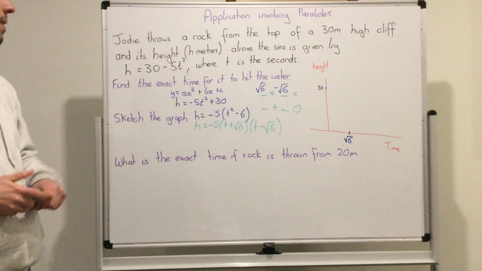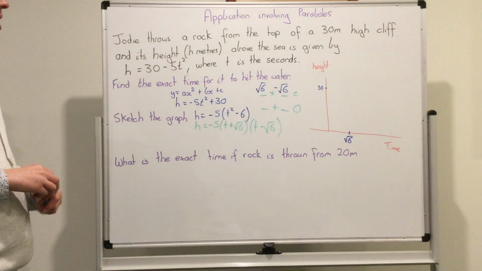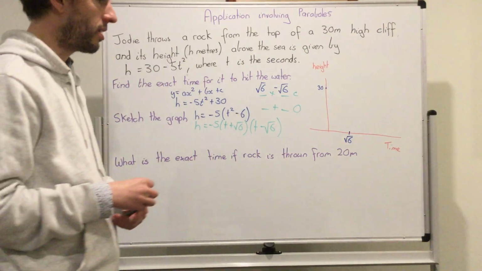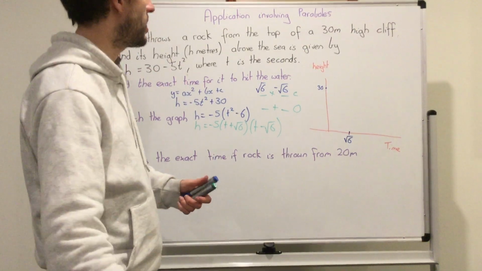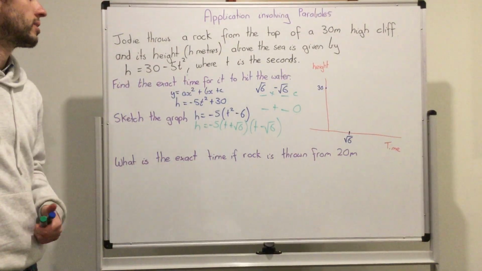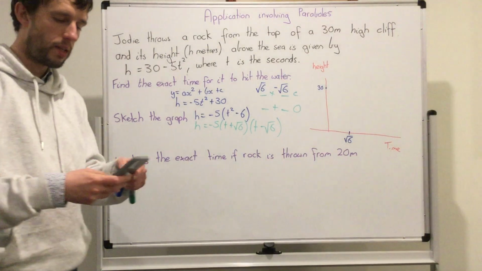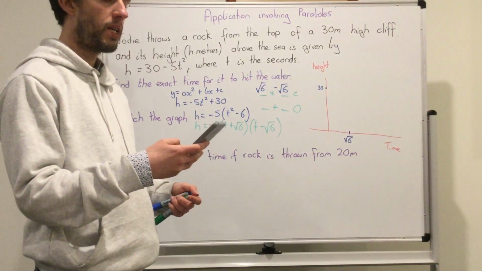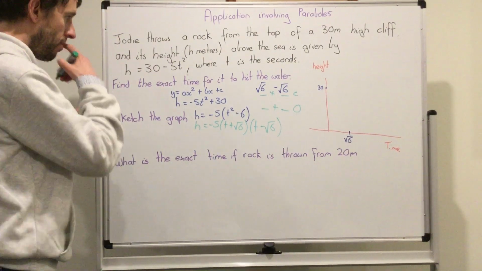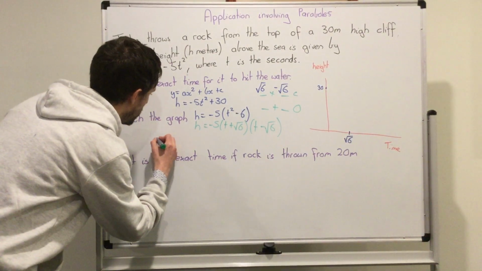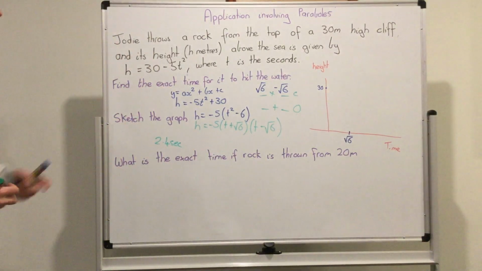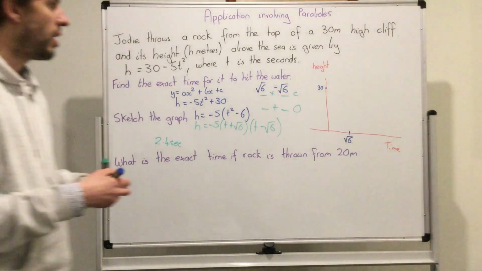If I go back up, t is the seconds, so we know that t is going to be the square root of 6, which is 2 point something seconds. If I double check, it is 2.4 seconds.